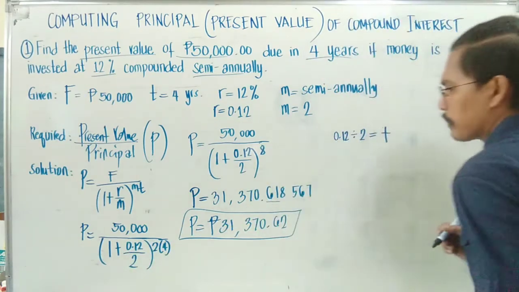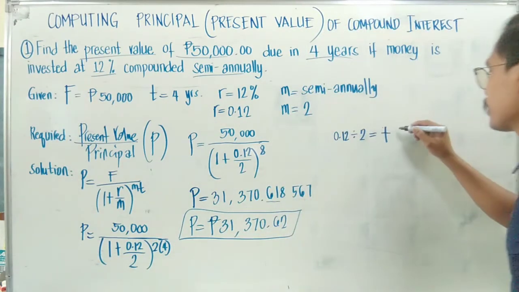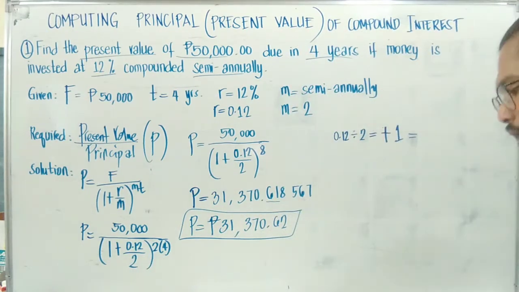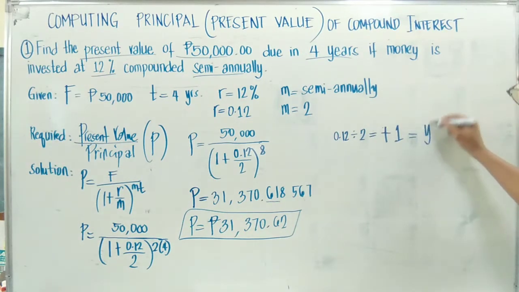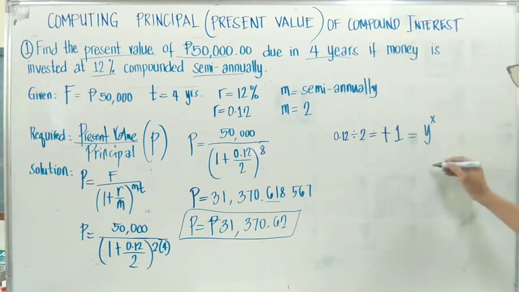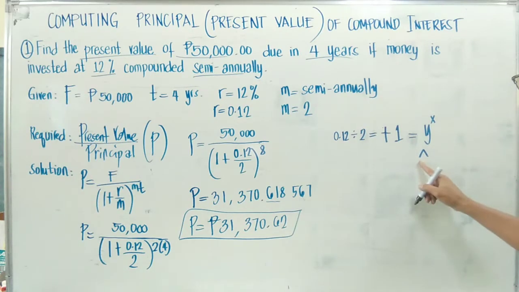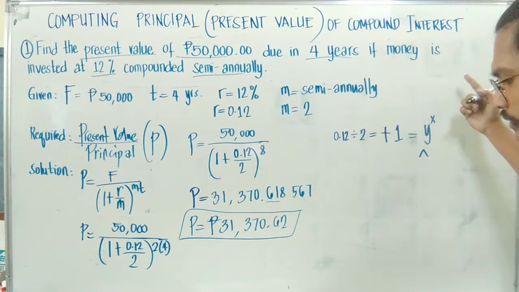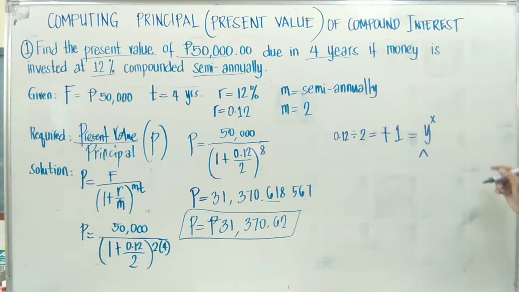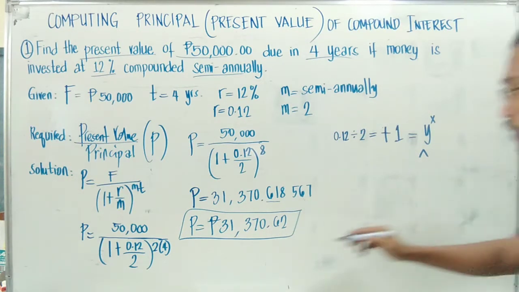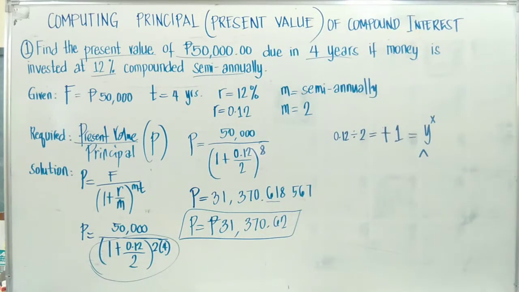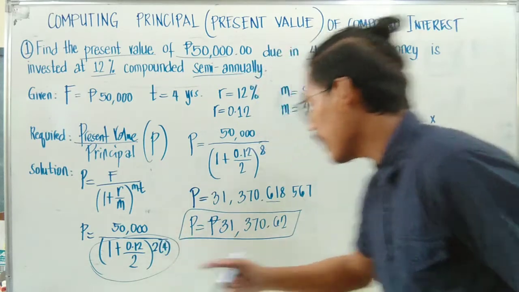Then press plus, of course 1, and equals, and it will give you another value. Then on your calculator you can press y raised to x if you have one, or in some calculators this symbol means superscript or exponent. It will give you the value of this denominator.